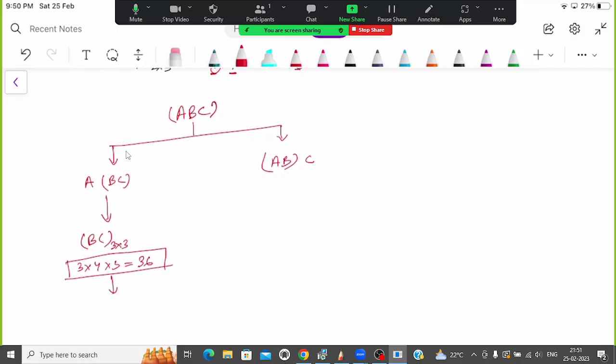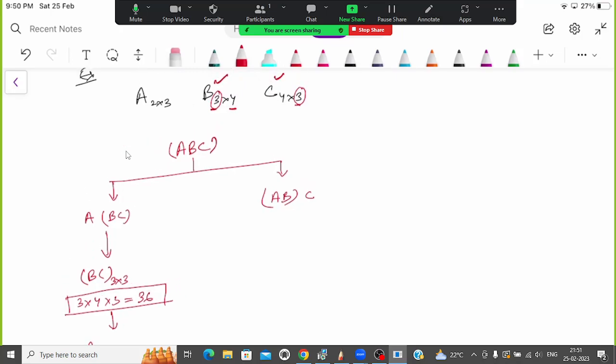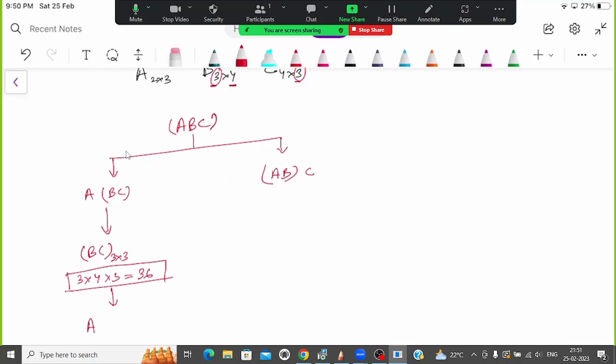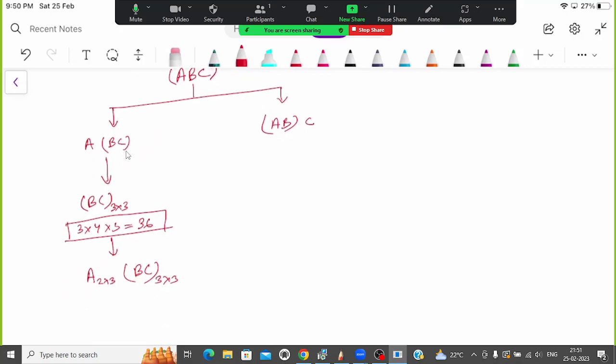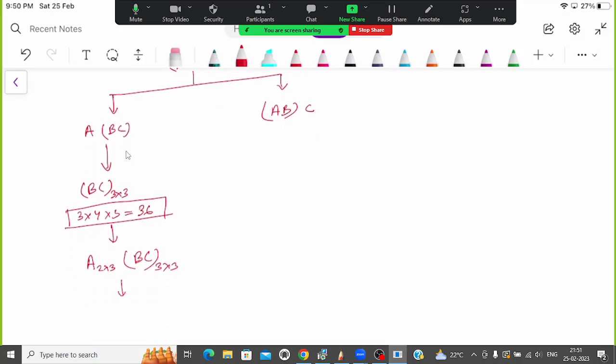Now you multiply the BC matrix to the matrix A. Matrix A is a 2 cross 3 matrix, and matrix BC is a 3 cross 3 matrix. The number of multiplications to get the ABC matrix is 2 into 3 into 3. This is 18.